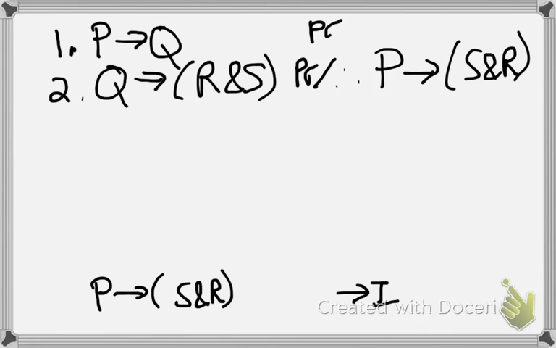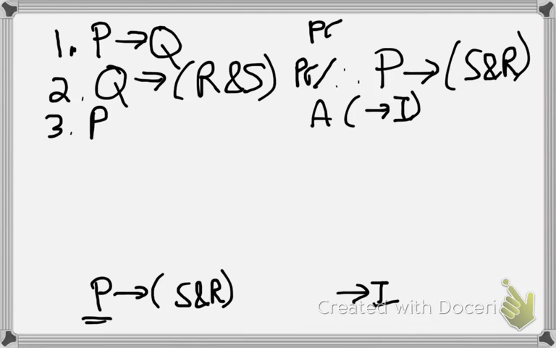So we're going to start out by assuming the antecedent of the conditional we want to derive. That's an assumption. And I like to write why I'm doing it right next to the assumption. That's not technically part of the rule. You don't have to do it, but it's really useful because it reminds you why you're doing this.